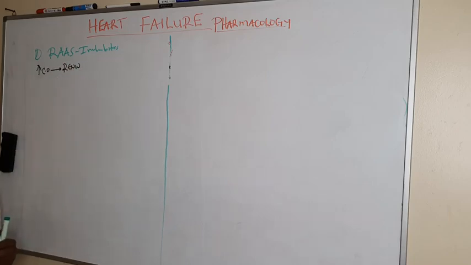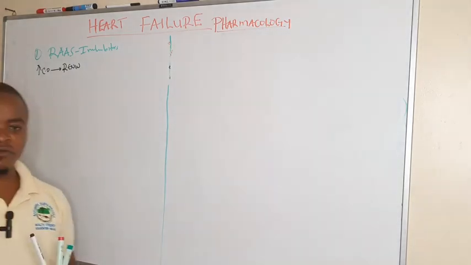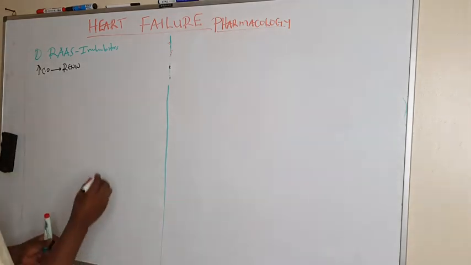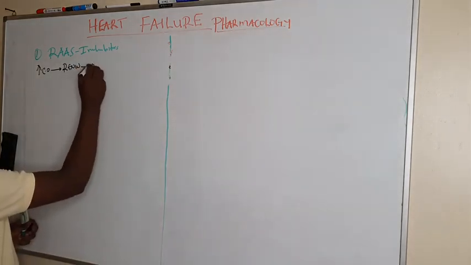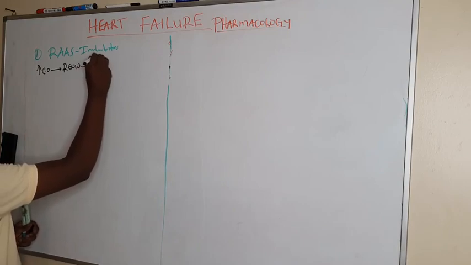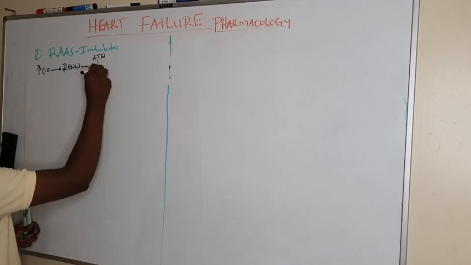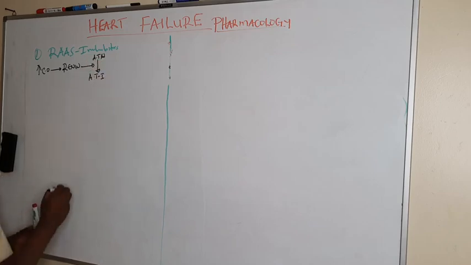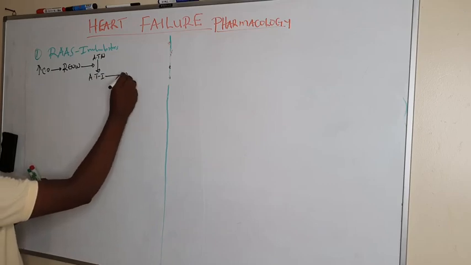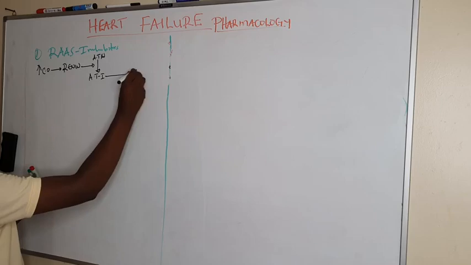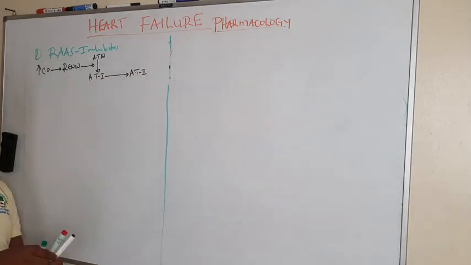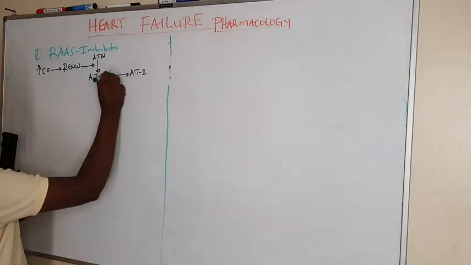And this renin, due to decreased perfusion or due to action of beta-1 receptor, is going to convert a protein from the liver called angiotensinogen to angiotensin 1. And this angiotensin 1 is converted to angiotensin 2 by the enzyme from the lungs called angiotensin converting enzyme.